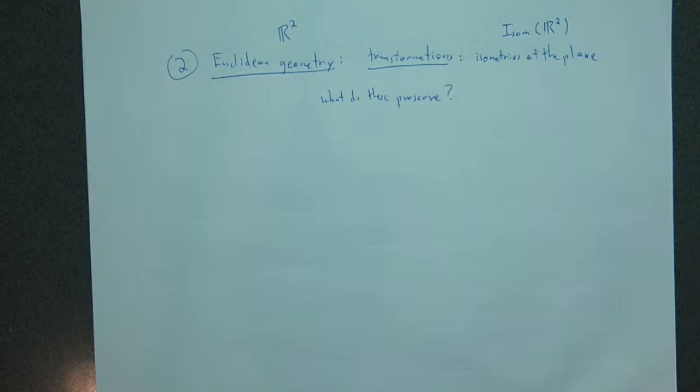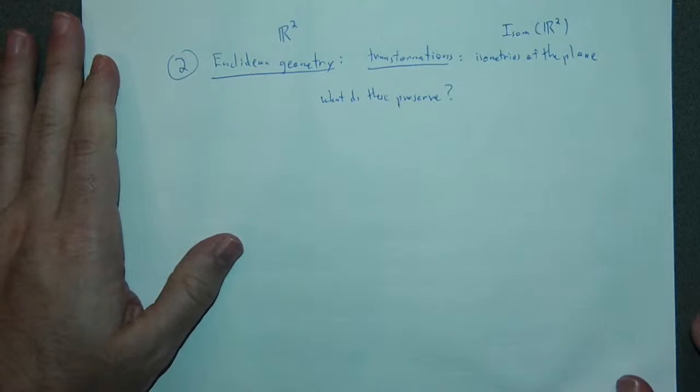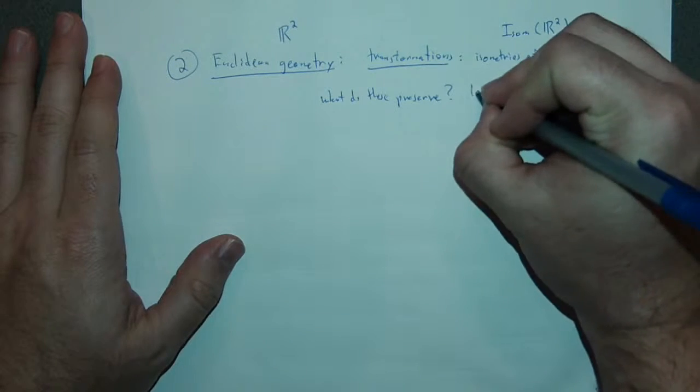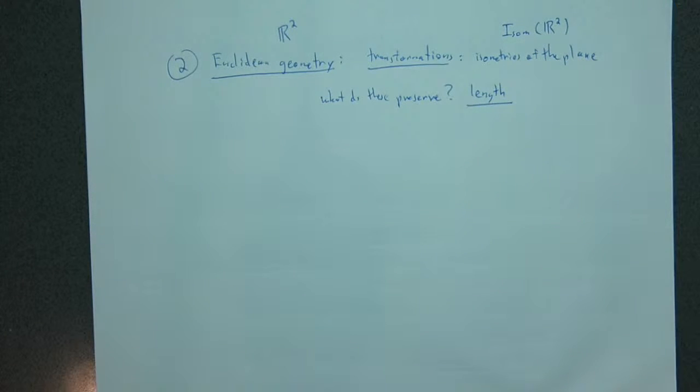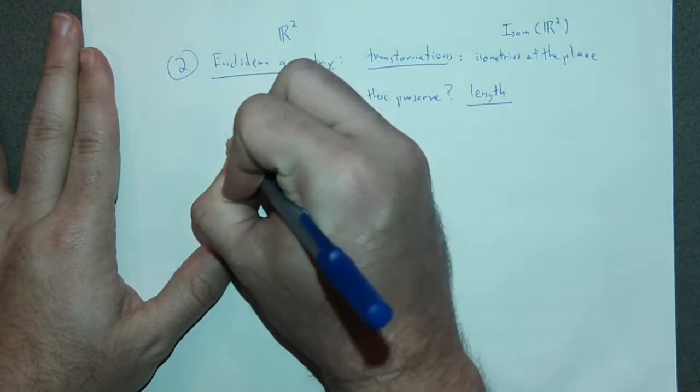Well, let's think about it for a second. One, by definition, they preserve length. Right? The reason I say by definition is because literally that is how the isometries of R2 are defined. The isometries of R2 are specifically the transformations of R2, the maps from R2 to R2 that fix the length, that preserve the length. So by definition, they preserve length. Okay, and thus, I'm coming over here and saying, what are my important objects now?